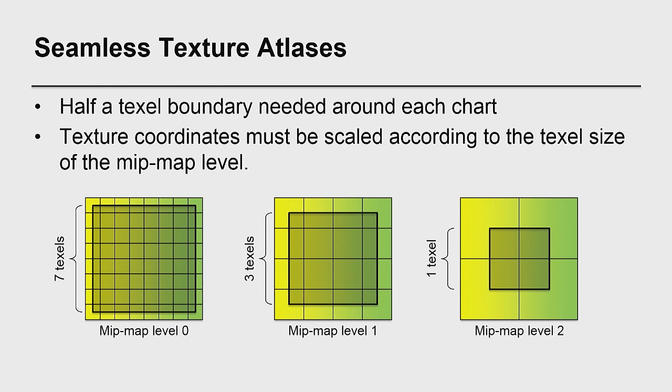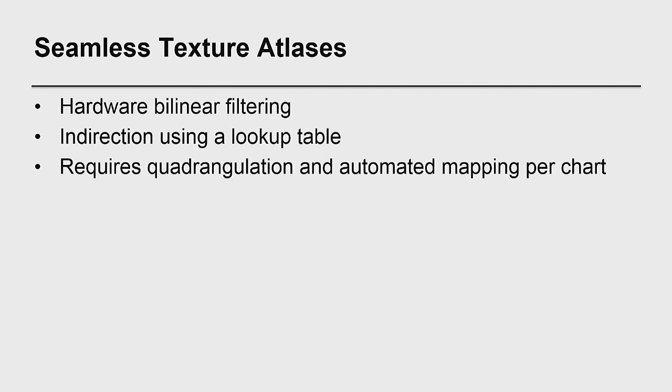And you might also notice that the way the charts scale because of this boundary requirement is a little non-traditional. So from 7 texels to 3 texels to 1 texel. So it's not like powers of 2, but nonetheless, it still provides good filtering quality. And the advantage is that we can use hardware bilinear filtering using this method.